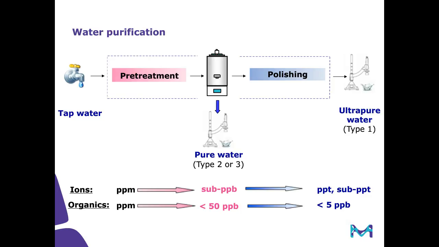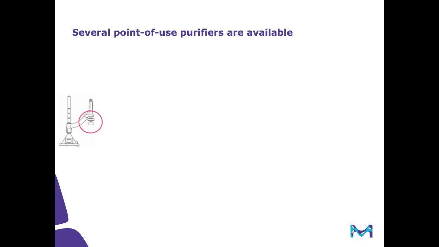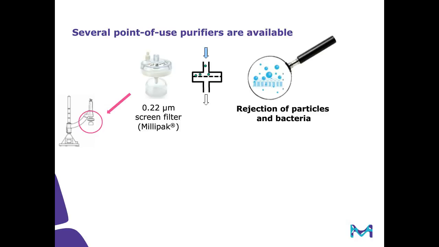It is also possible to add additional purification after this system by just adding a little cartridge at the end of the point of delivery. So in our case, in Dr. Zuccotti's laboratory, he has 2 different types of filters. On one of his points of delivery, he has a screen filter called the Millipak, and this one is just a 0.22 micron filter which will reject particles and bacteria.